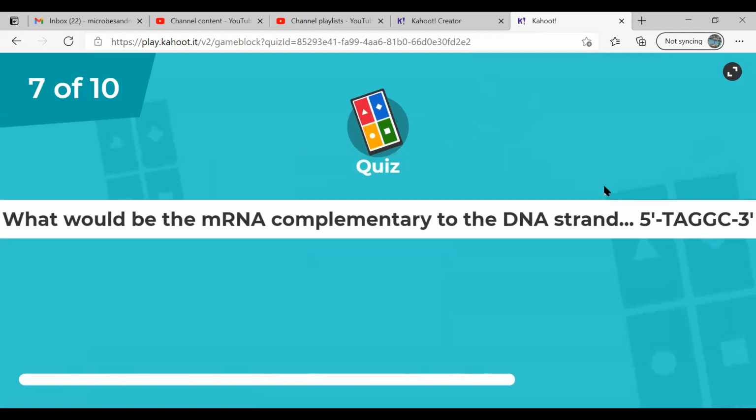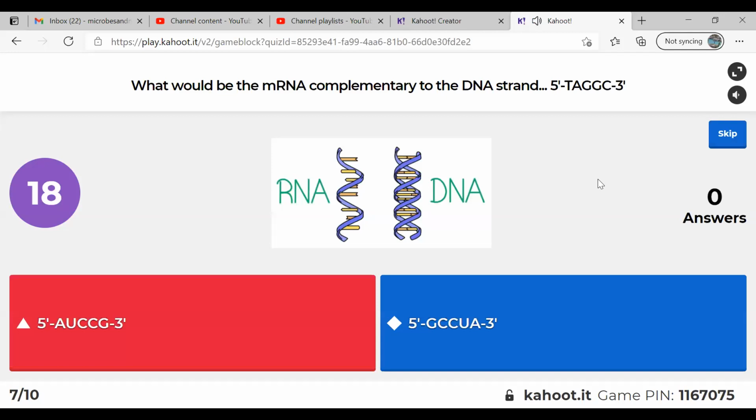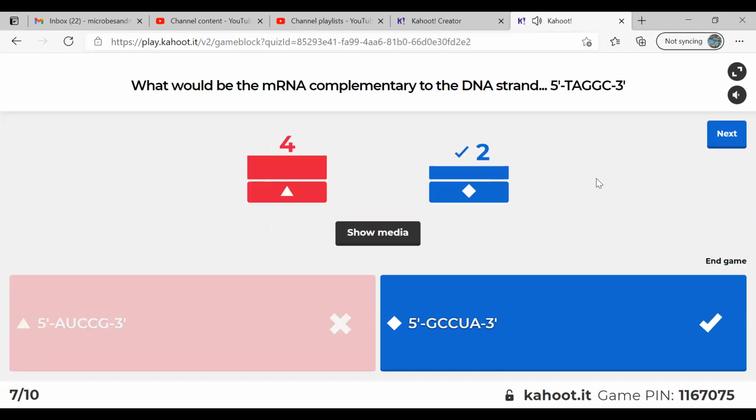What would be the messenger RNA complementary to this DNA strand? Okay, I was wondering if I get people with that one. So remember that I can't draw on the screen, unfortunately, but take a look at that DNA. It's 5' TAGGC.